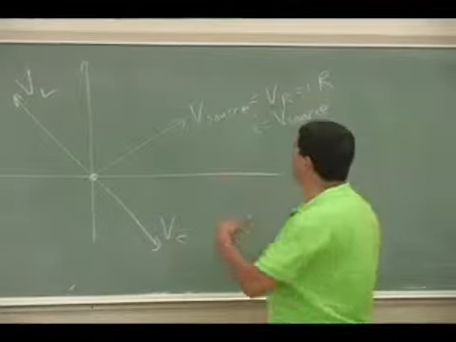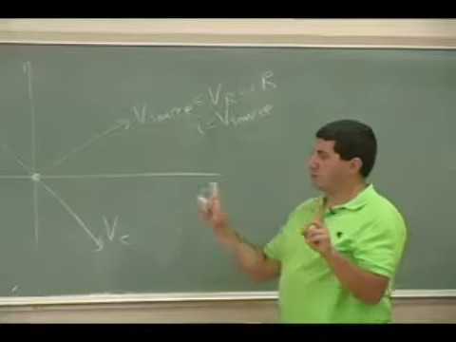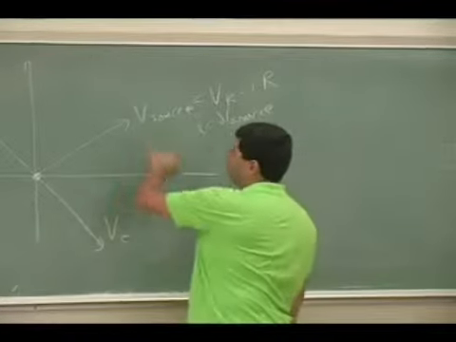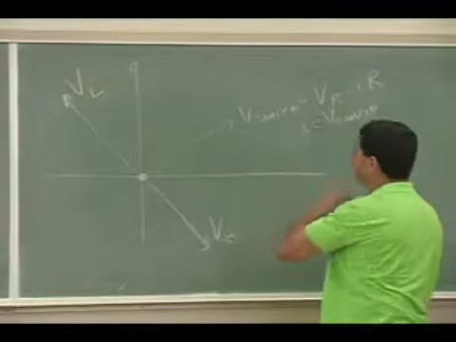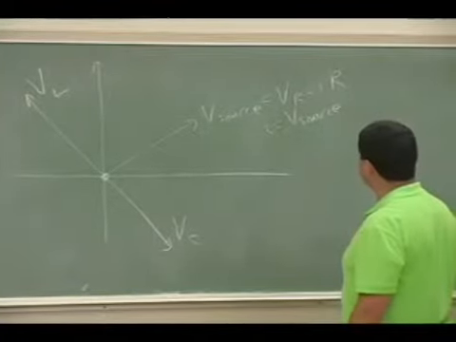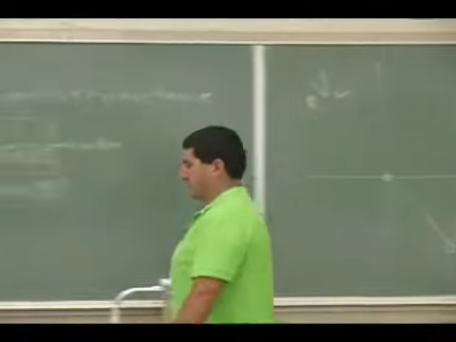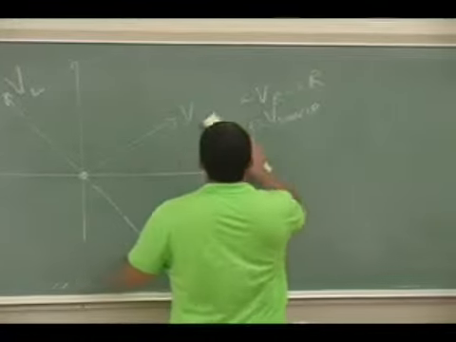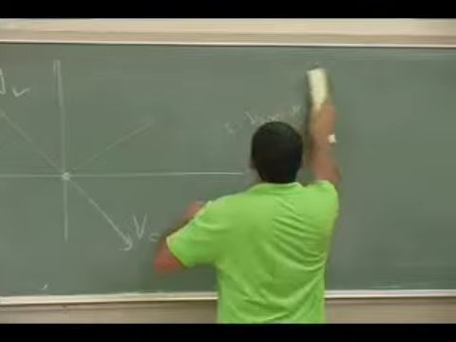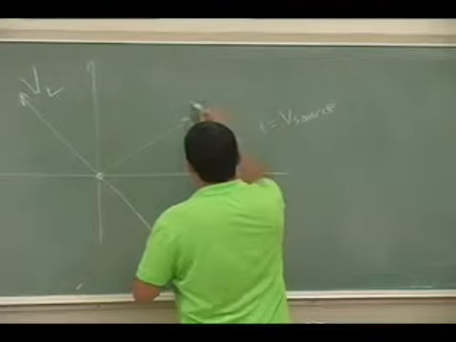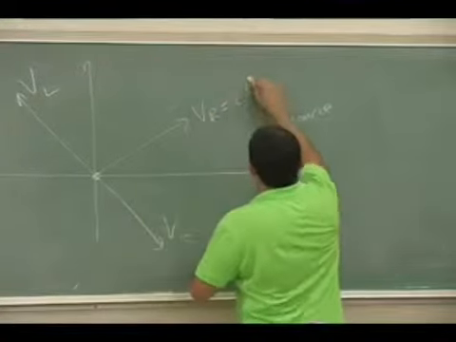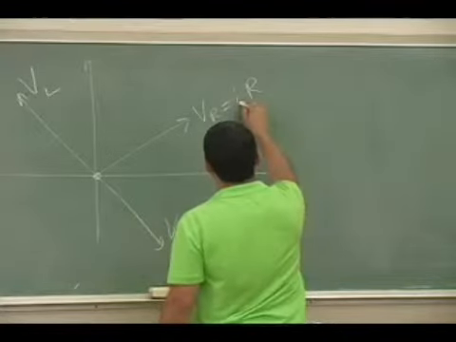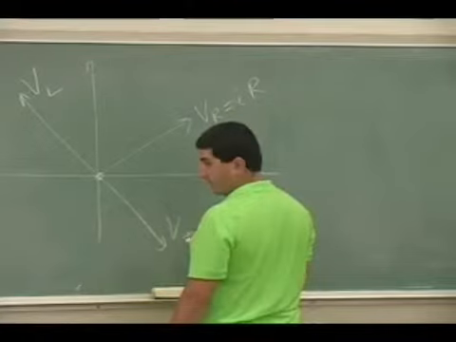Now, a minute ago, we only had the inductor or the capacitor. Therefore, the voltage of the source was equivalent to the inductor. Sorry. Let me do it this way. This is the voltage across the resistor, equal to IR. So therefore, the current in the circuit is in phase with the voltage of the source.